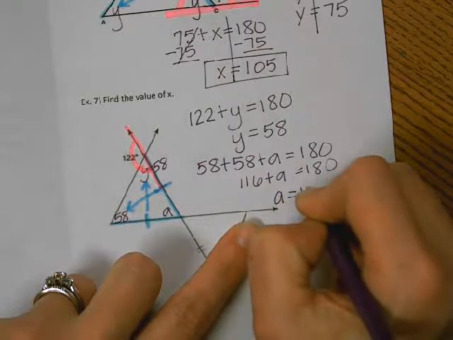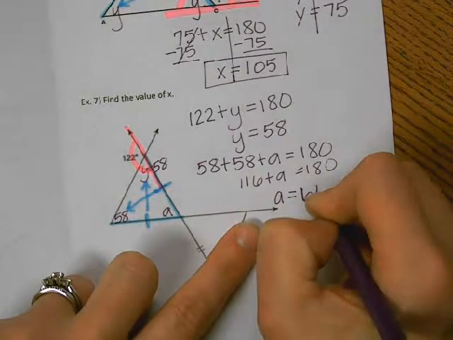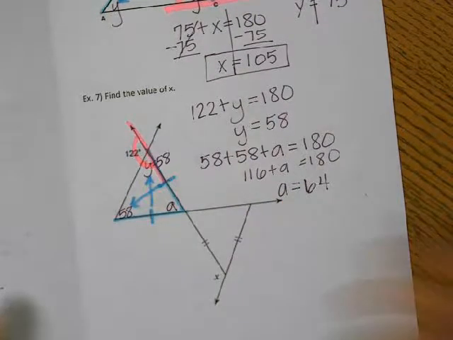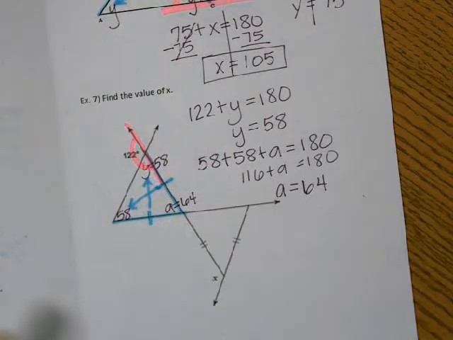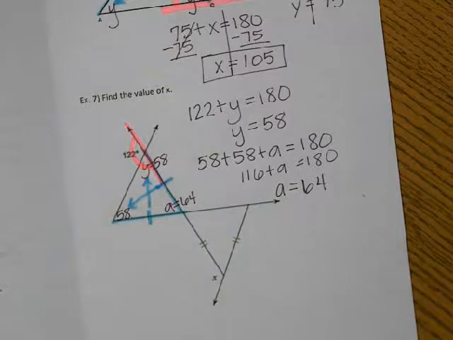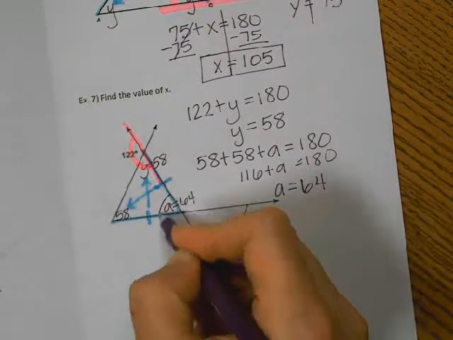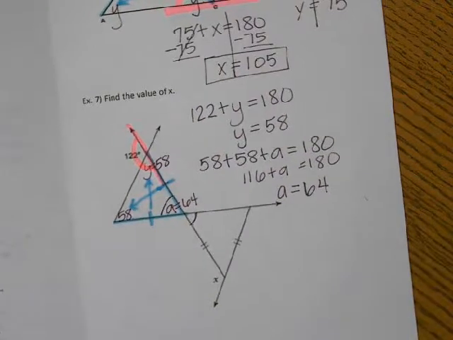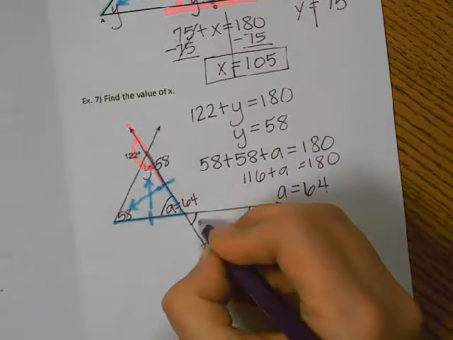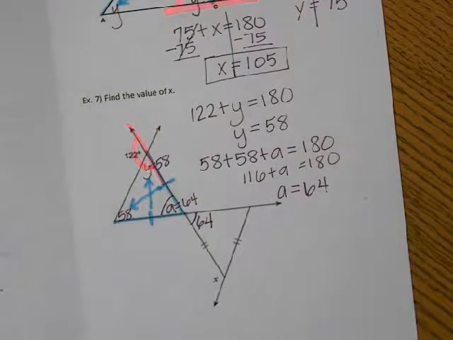So angle A equals 64. So we'll go ahead and write it in there. Now, remember, to get to here, I've got to do some vertical angles and some hopping. Can we do some vertical angles? Yes. This angle and this angle are going to be congruent. Agreed? So that means that this right here has to be 64.